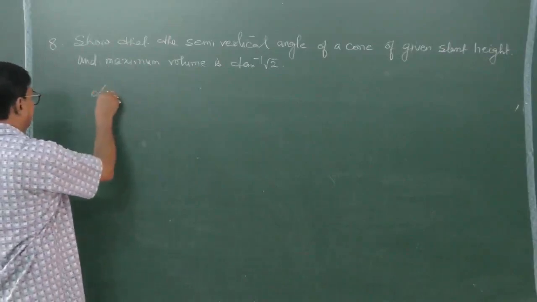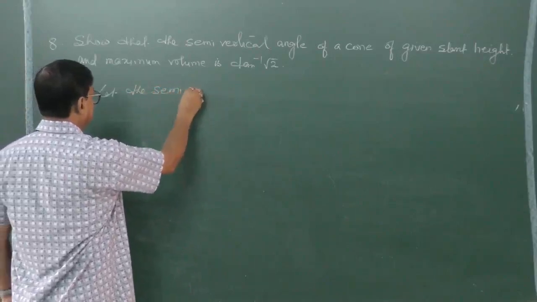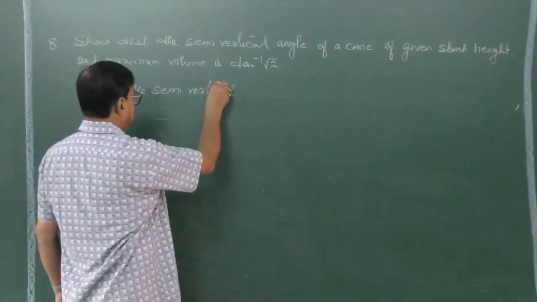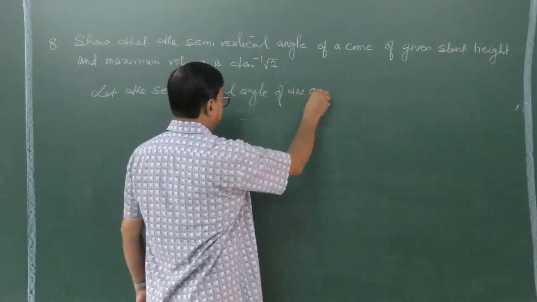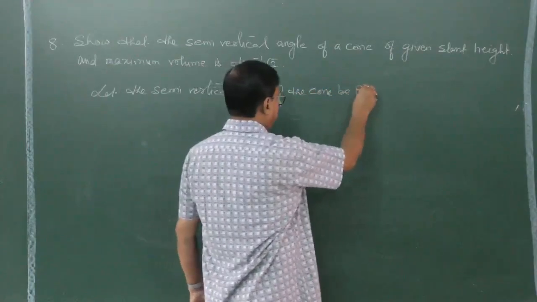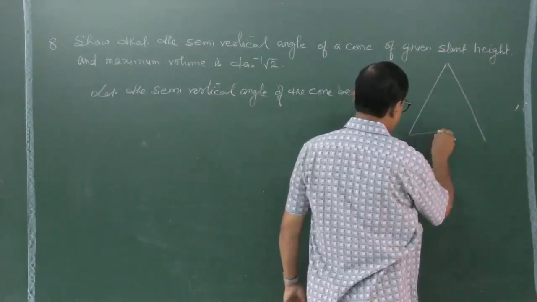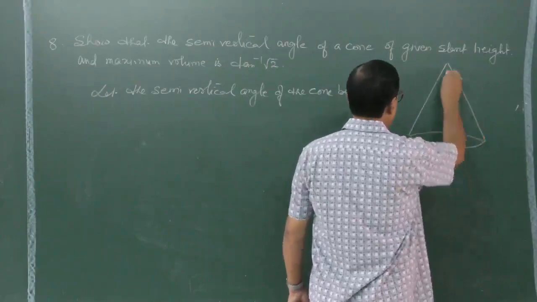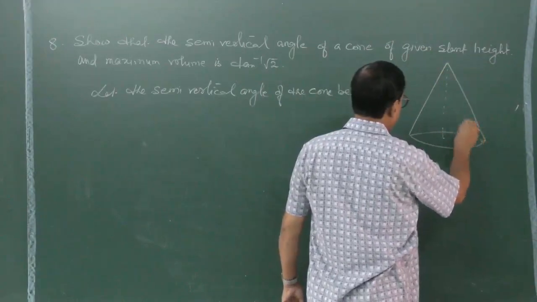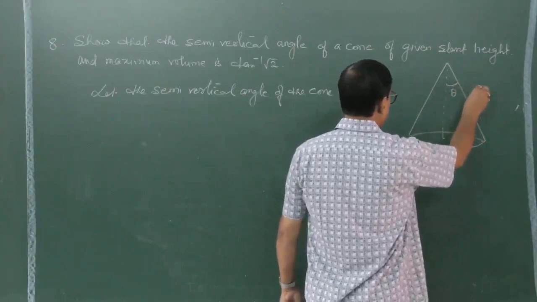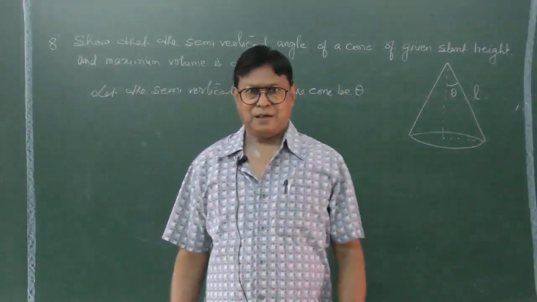So let the semi-vertical angle of the cone be theta. So semi-vertical angle, it's this. And this is the given L. You can take radius as r, height as h.